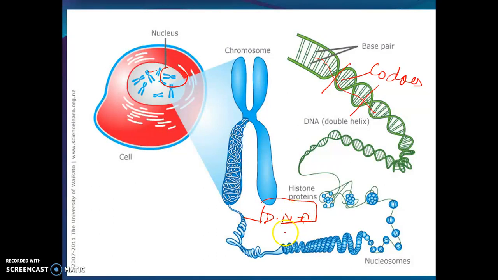When you stretch this, you remember that on the DNA are the nitrogenous bases, which have the codes for proteins. Each 3 nitrogenous bases make 1 codon. One stretch of DNA makes a gene.